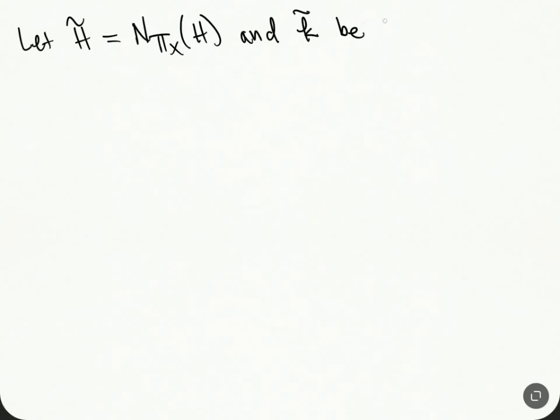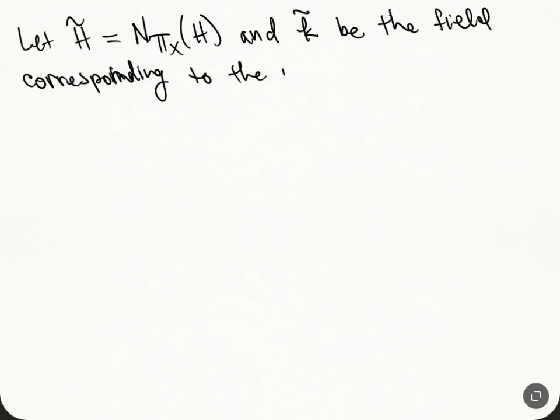Let H tilde be the normalizer of H in pi of X, and we'll let K tilde be the field corresponding to the image in G_K.